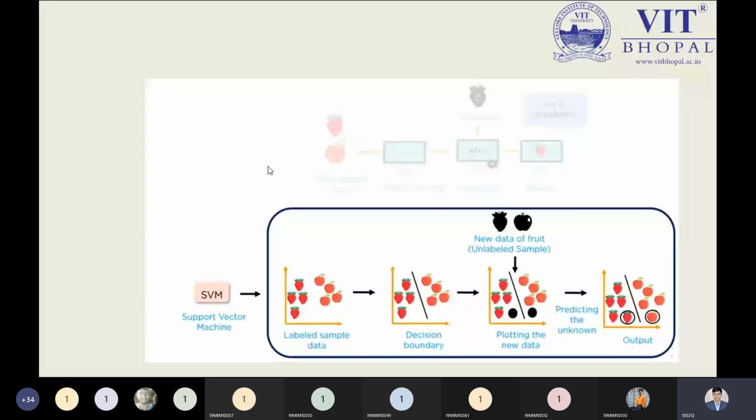So we are matching the new inputted fruit with our data set, and according to the data set, we put it into the respective class. This is just an idea of how supervised learning plays an important role in dealing with SVM.